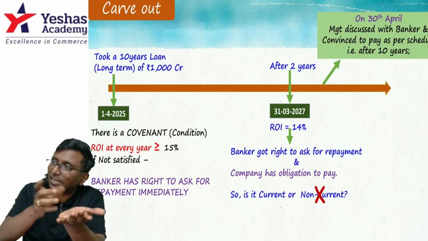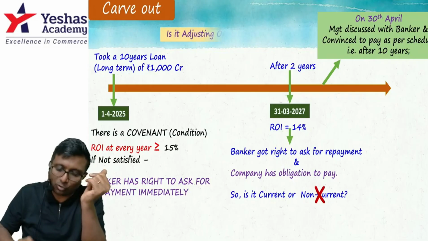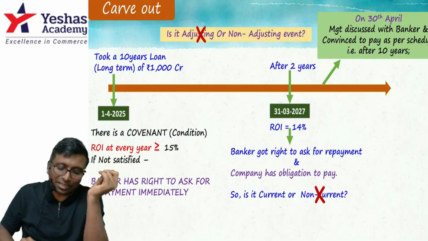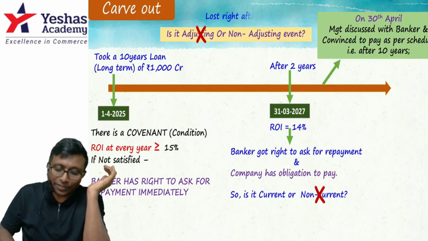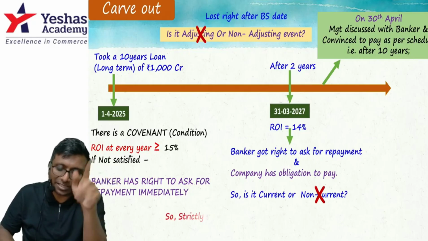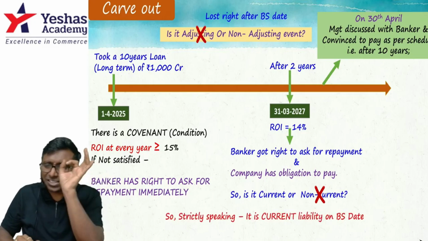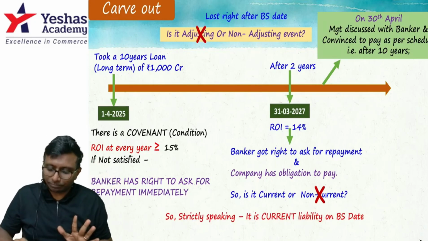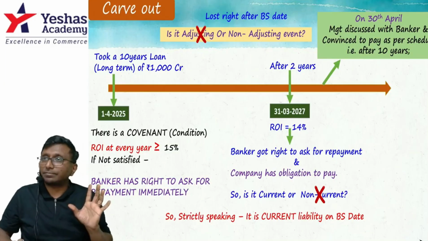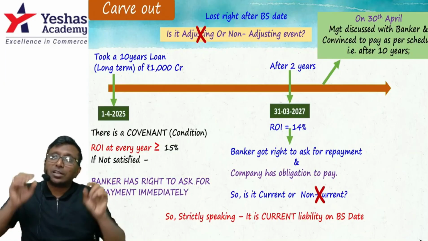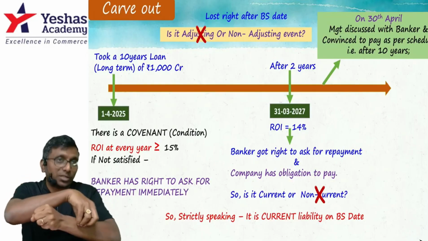As on 31st March, he had the right. Correct? Right. So, is it adjusting or non-adjusting? Non-adjusting event. Correct. If it is a non-adjusting event, we lost the right after the balance sheet date. Strictly speaking, what is it? Current liability as on the balance sheet date. Agree? Right.